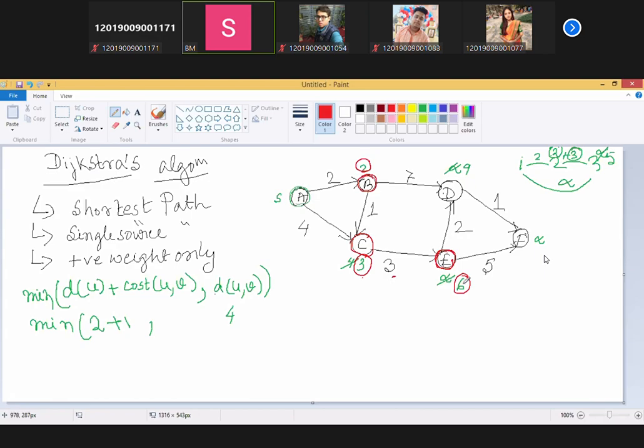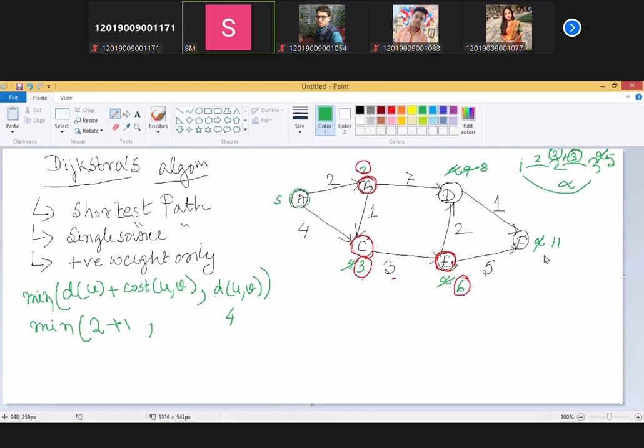If I follow this direction, this is 6, this is 5, so 6 plus 5, 11, and this is infinity, so it will be updated with 11. Now, what about E to D? If you go to this node, this is 6 plus 2, 8, but it is 9. So it is again updated with 8.